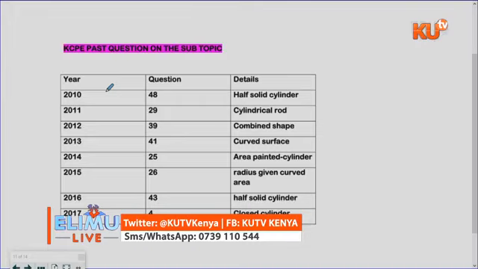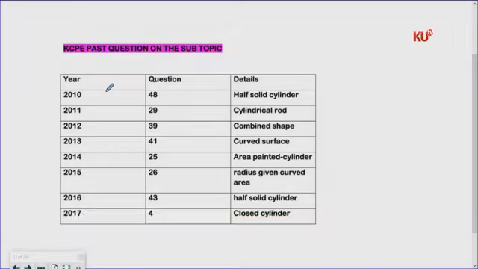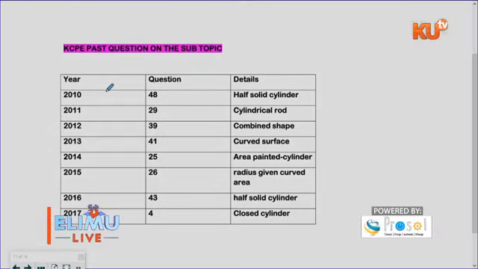2013, the question was on number 41, whereby we had the curved surface. Remember, for curved surface, you're supposed to use pi dh. And then 2014, the question was on number 25, about area painted, and it was a cylinder. Then 2015, it was number 26.